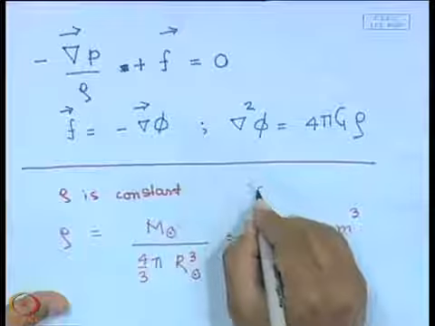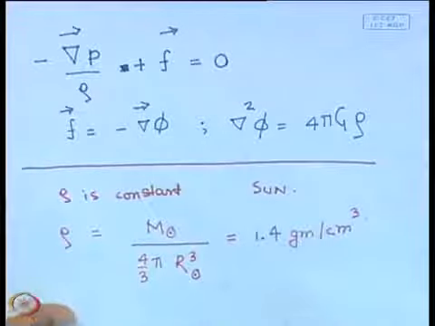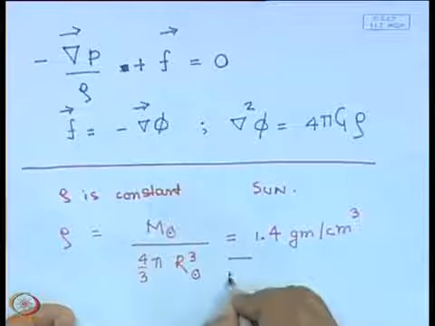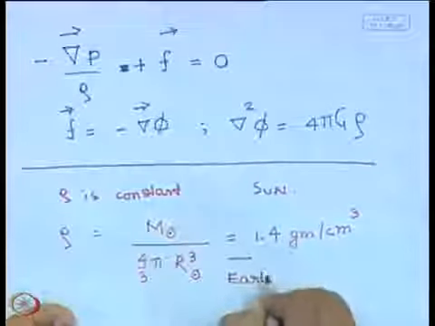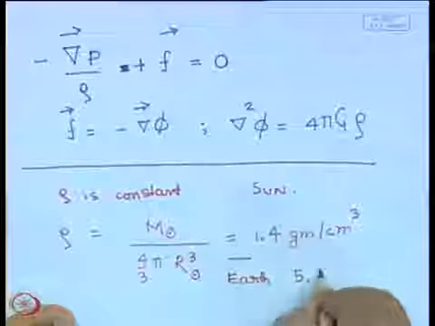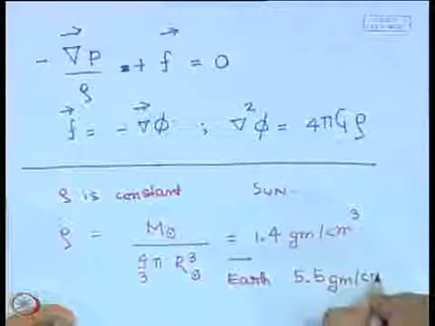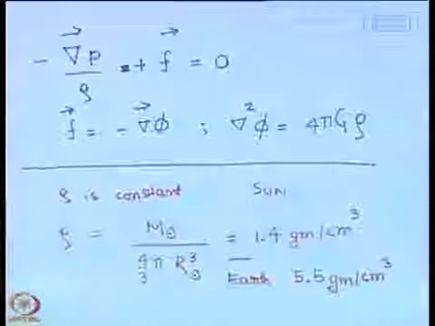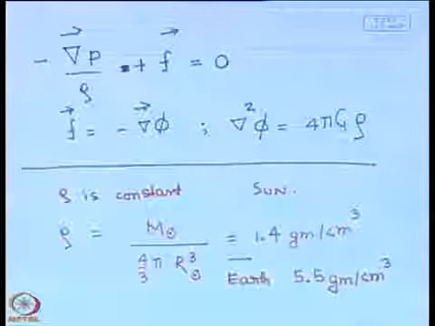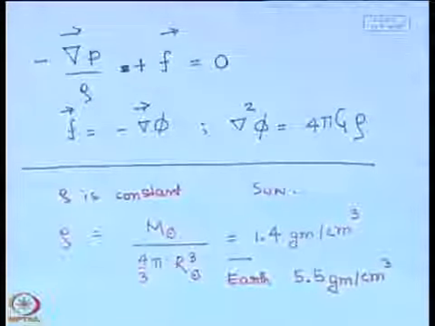This is for the sun. The density of the earth is around 5.5 grams per centimeter cube. So, the earth is roughly 4 times denser.